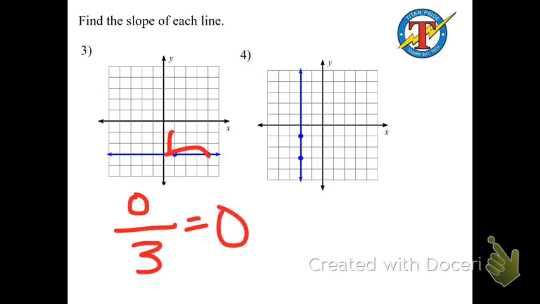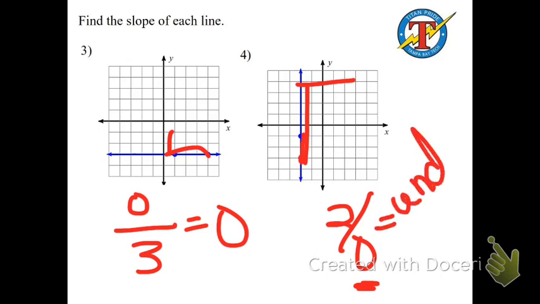Whereas this one, if I start at any point I want, I rise 2, or any number you want, and I run 0. When 0 is underneath, that one is undefined, or no slope.